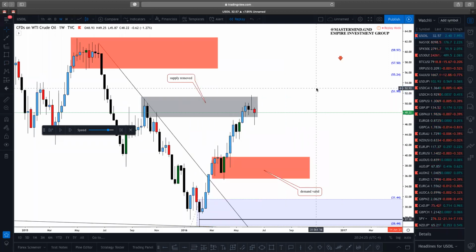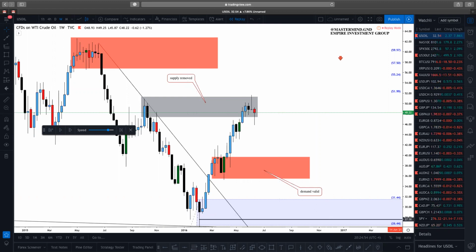So now we ask ourselves, who is in control, supply or demand? We know demand just removed supply, so we know demand is in control, right? On the weekly time frame, that rally-base-rally, right? So now we say, okay, when the price comes back down, we're gonna enter the trade, because our confluences align.